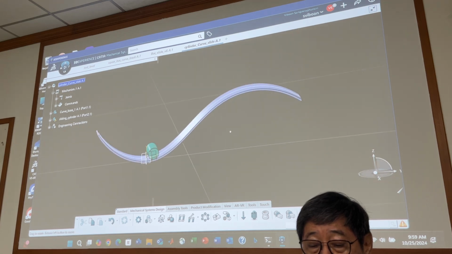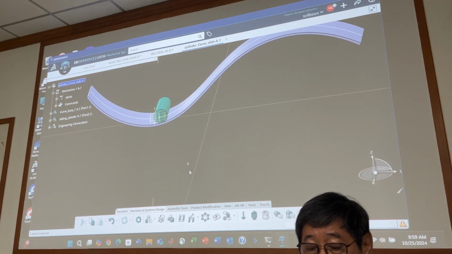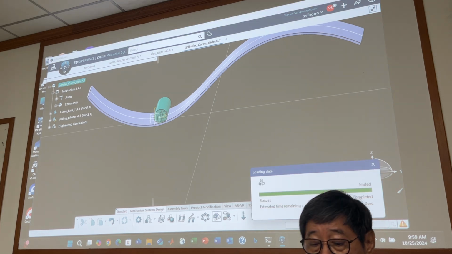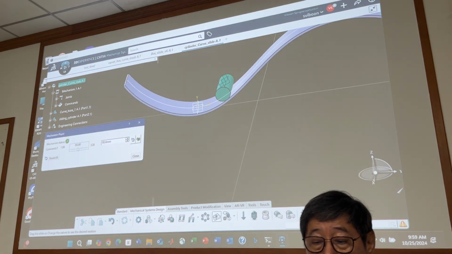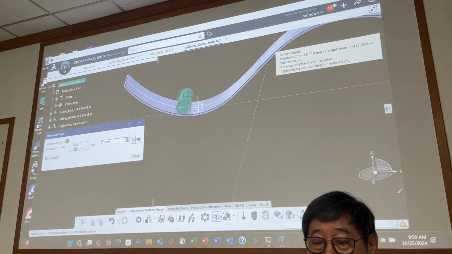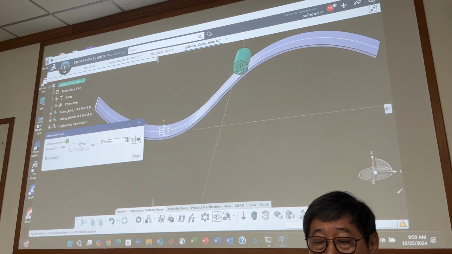And see, you have a curve part, and you have this one which rotates like a cylindrical along the curve. This is a curve and curve contact joint.